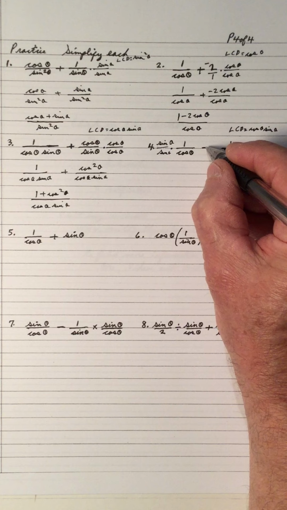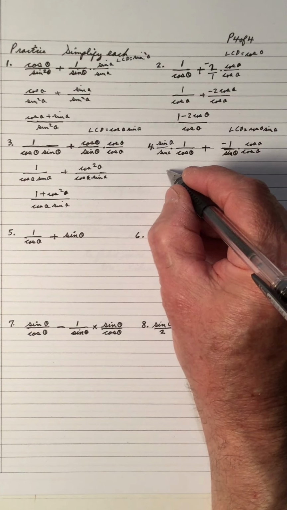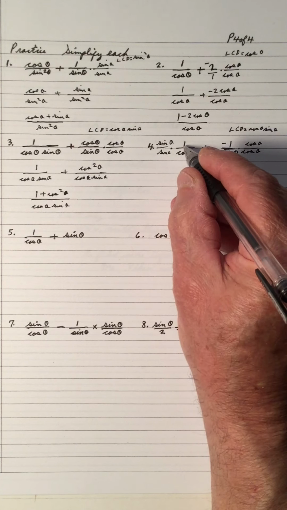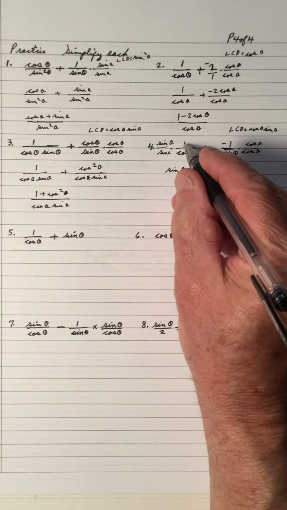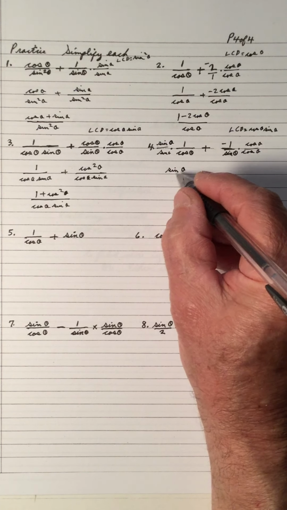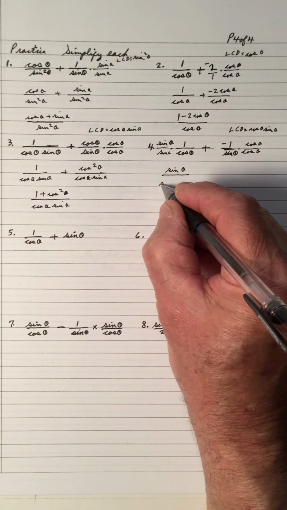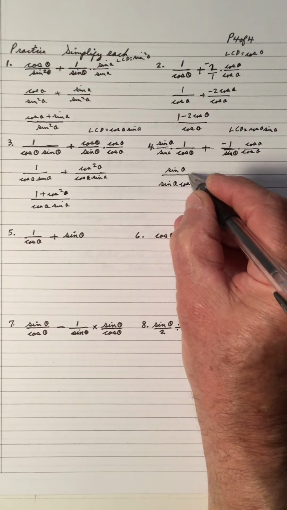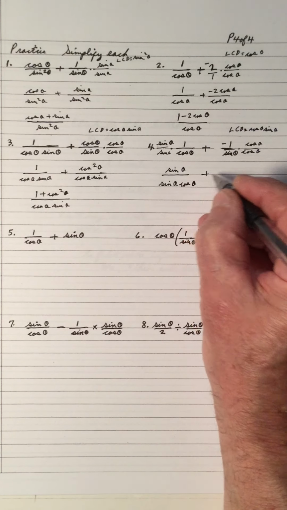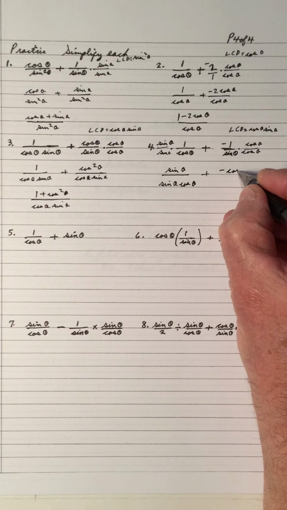And notice we have a subtraction, so we add on the opposites. So let's make that plus negative 1. So sine theta times 1 is sine theta. Sine theta times cos theta. Add on. Negative 1 times cos theta is negative cos theta.